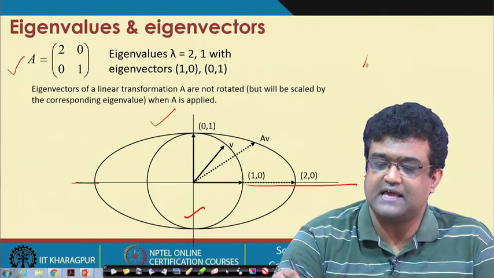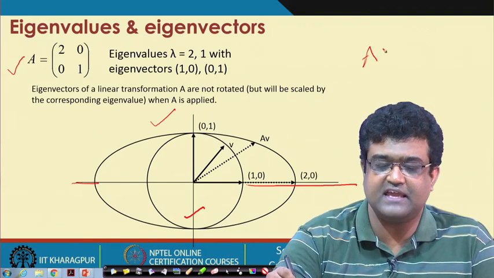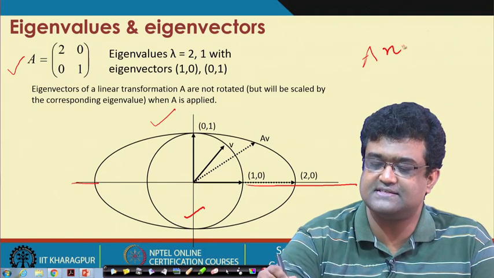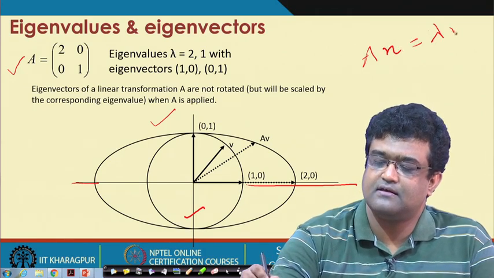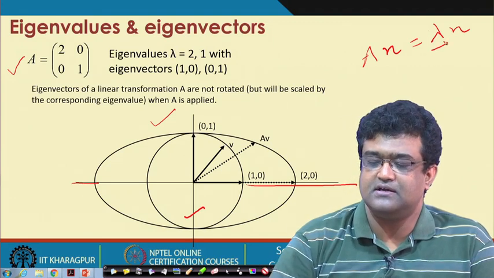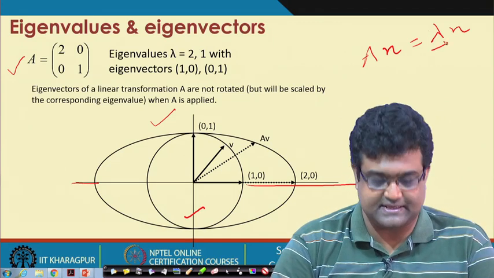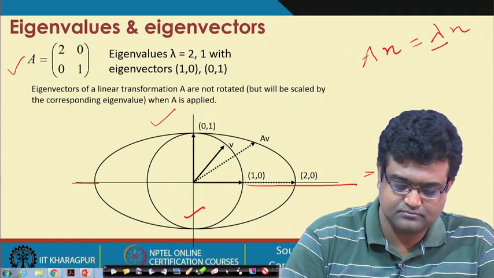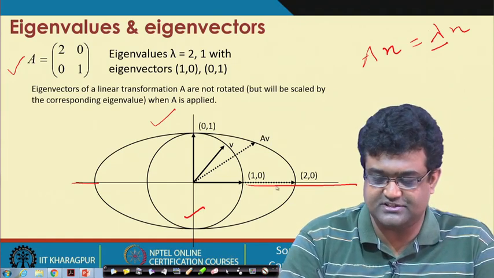This is because, as you can see, for the eigenvector direction, let us say x, your Ax becomes nothing but a value lambda times x.